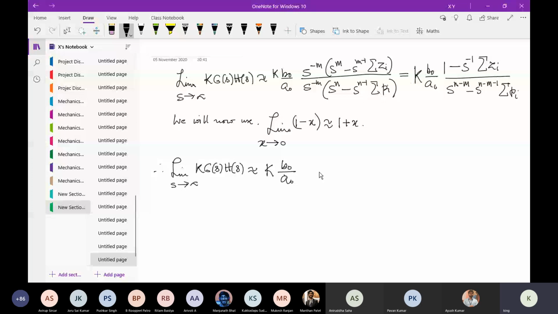So in our approximation, what we are doing is we'll now bring this to the bottom. This term was already in the denominator.